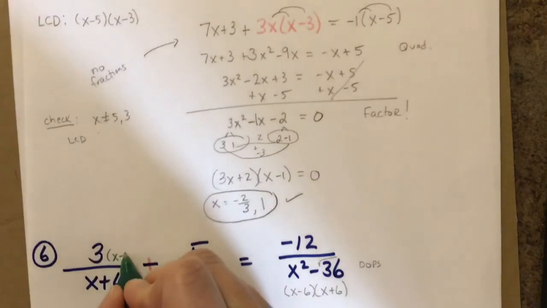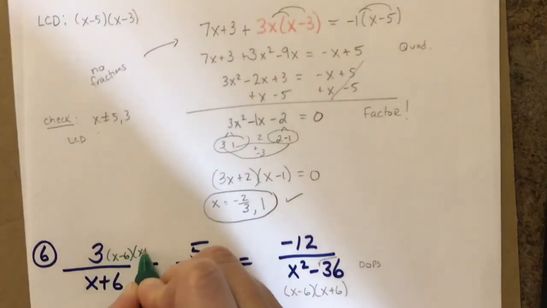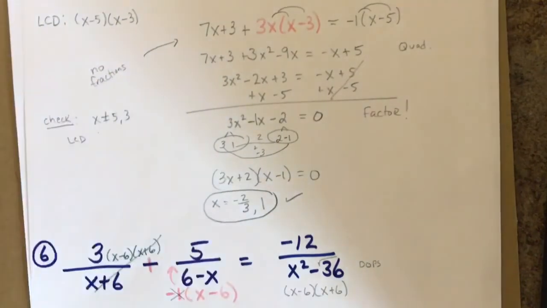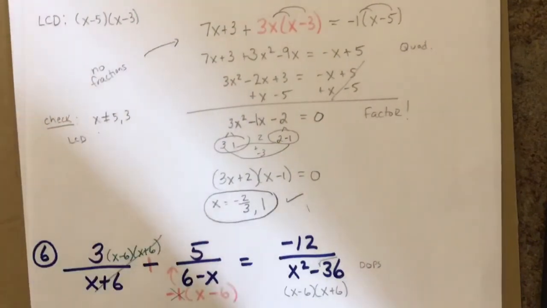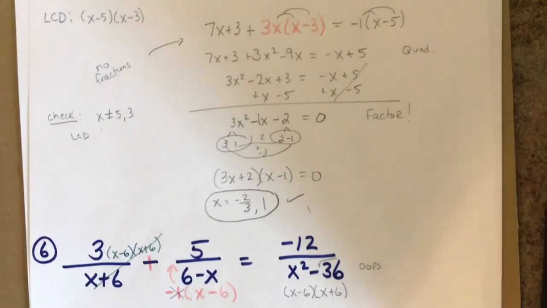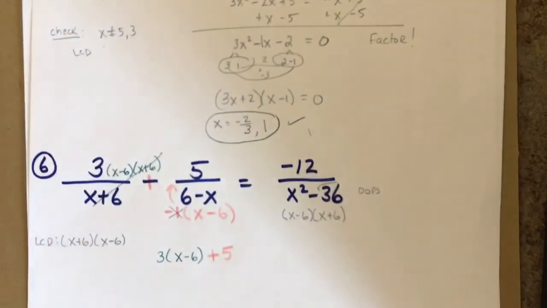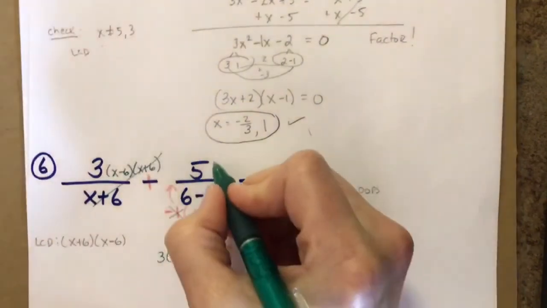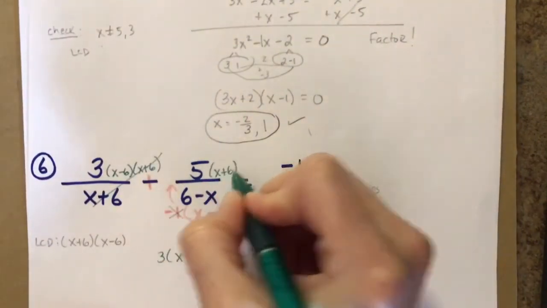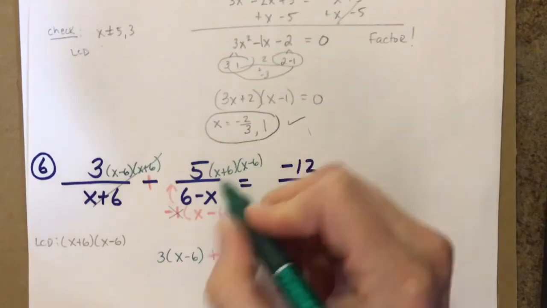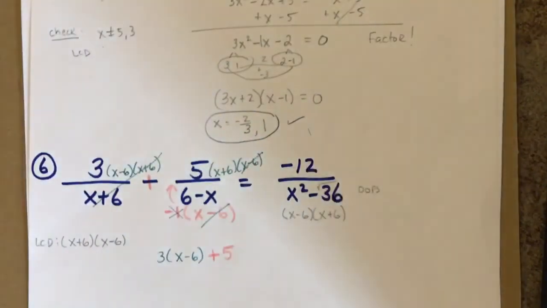I'll put minus 6 first, because the plus 6's will cancel. And I'll get 3 and x minus 6. Okay. Then remember, we change this to a plus and a 5. Okay. Then I'm going to write x plus 6 first, then the x minus 6, because the x minus 6's cancel.